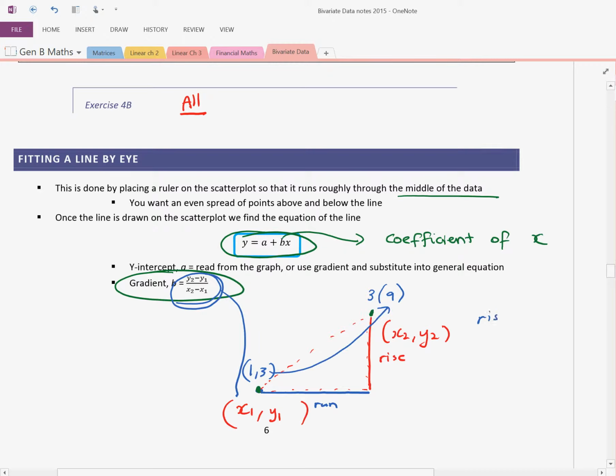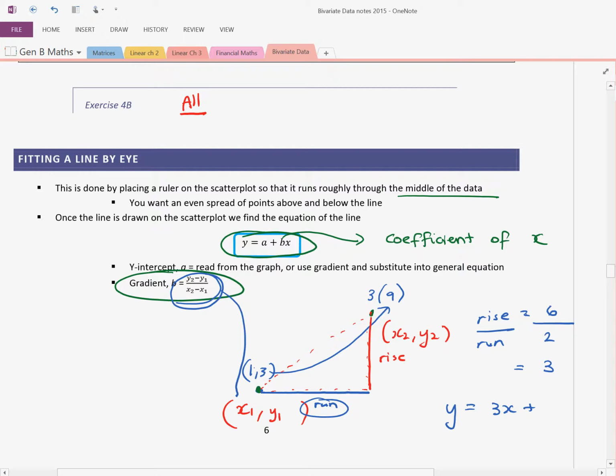It goes up 6, doesn't it? And it goes from 1 to 3, so the run is 2. So rise over run is equal to 3. So that means that our equation would actually have y equals 3x plus some other constant.